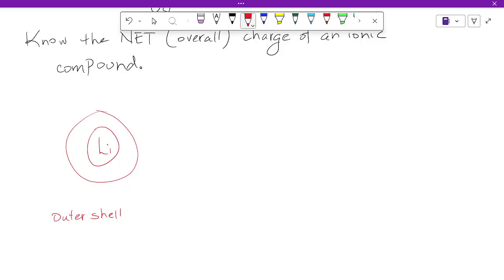It has 1 electron. And I'm going to do fluorine because fluorine is the simplest one. Again, I'm only going to draw the outer shell. How many electrons does it have? 7. 1, 2, 3, 4, 5, 6, 7.